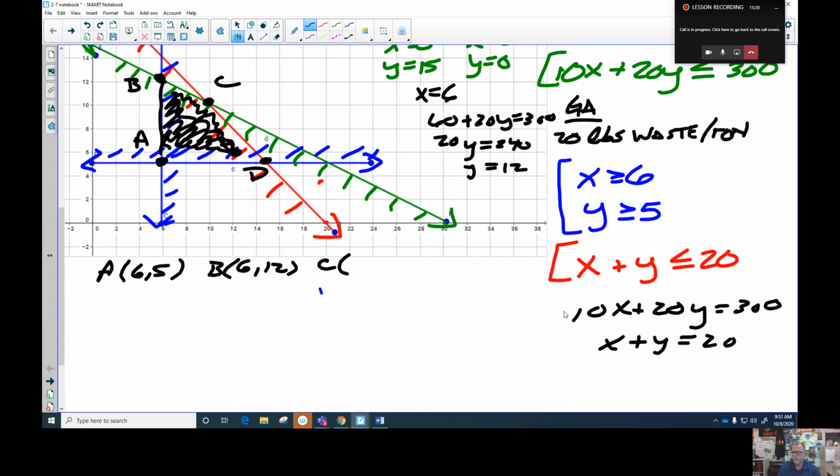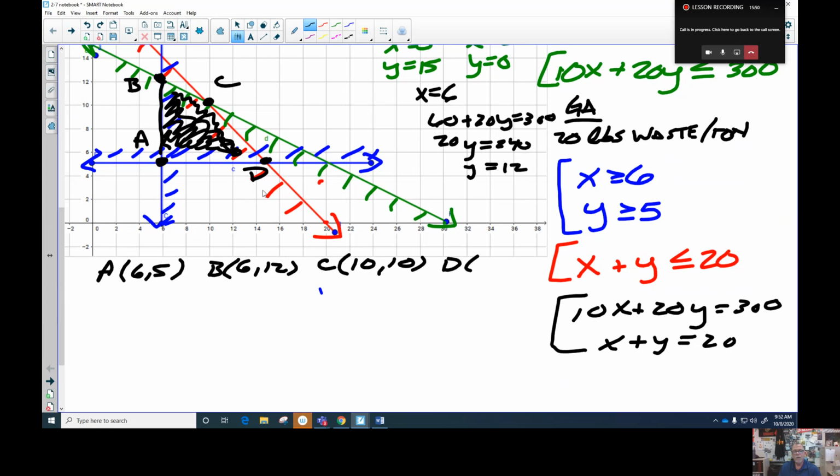You guys remember how to solve a system of 2x2s. That was the beginning of this chapter. But if we wanted to check whether our graph tells us anything, it looks like 10, 10. Well, if it's 10, 10, it should make both of these true. So 10 times 10 would be 100, plus 20 times 10 is 200. That would be 300, and 10 plus 10 is 20. So that looks like we've got a good solution of 10, 10.